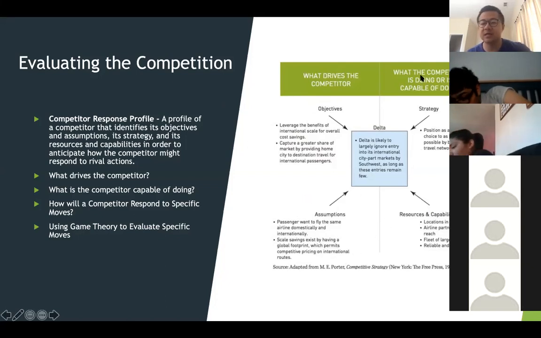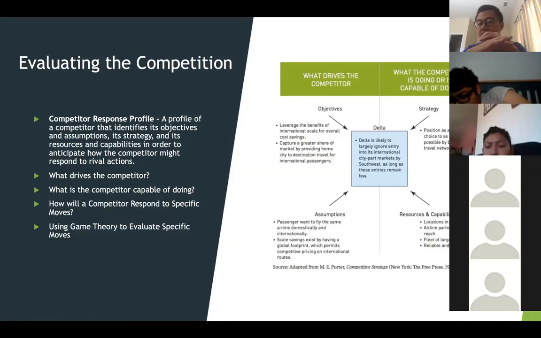So to answer the second question, what the competitor is doing or is capable of doing, the first one is strategy. Because they want to achieve the objective to save cost and achieve economies of scale, they position as an international travel choice to as many customers as possible by building an extensive travel network.